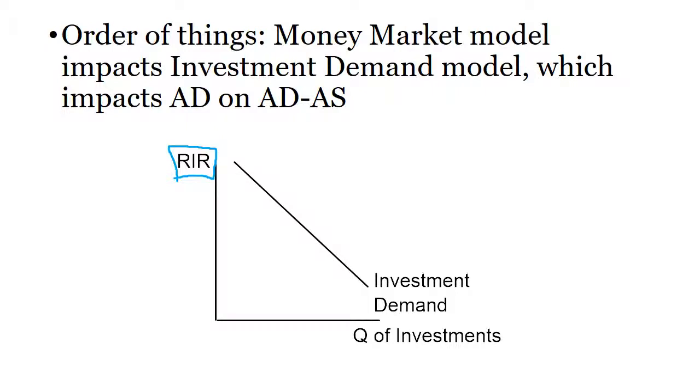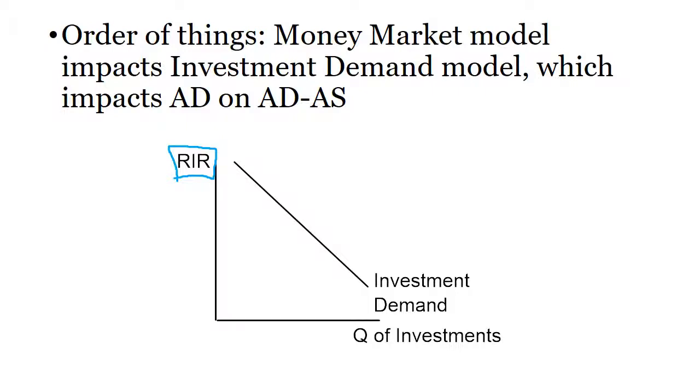So here's the order of these models. We're going to start with the money market model. That affects investment demand. So nominal interest rates go up or down in the money market. When nominal interest rates go up or down, that's going to affect investment demand. And investment demand, investment spending, is part of GDP.